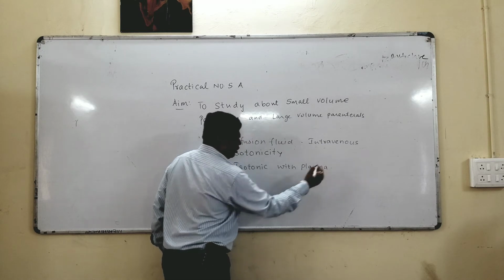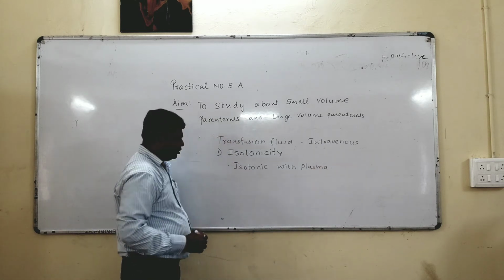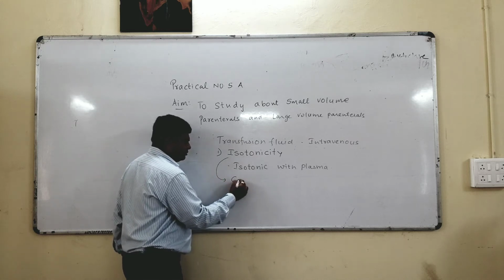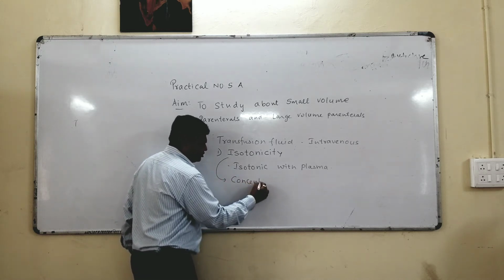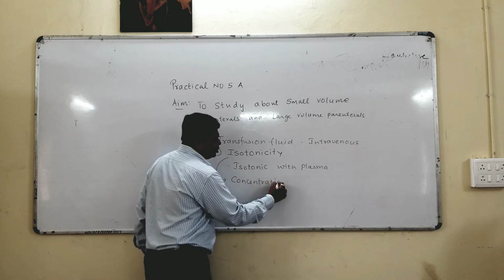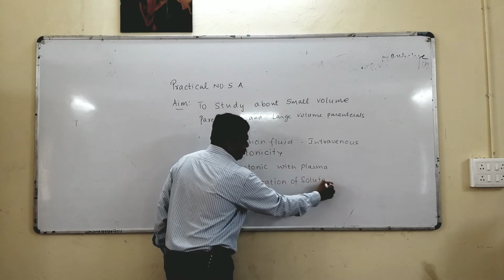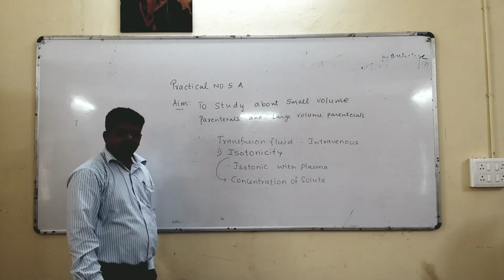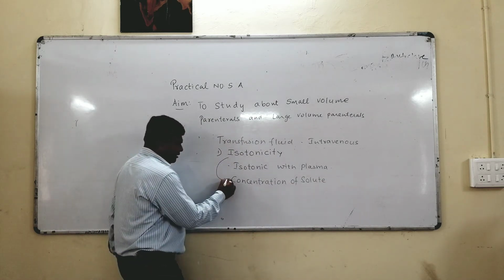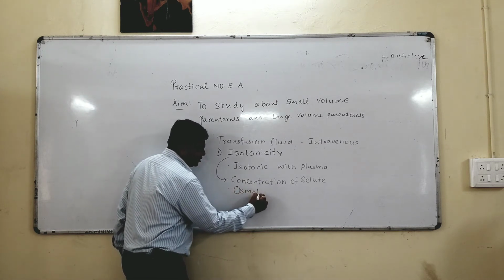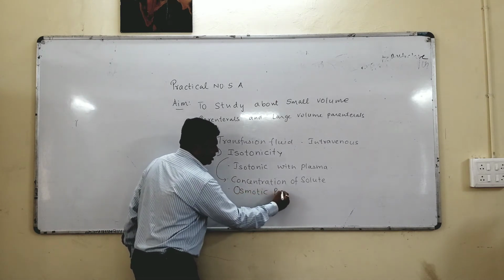What is the reason? What do you mean by isotonic? Isotonicity depends on concentration of solute, and concentration of solute decides osmotic pressure.